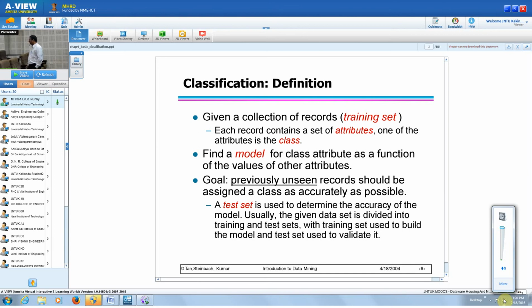If I simply say roll number, it's a label, so it's called nominal. Street name is a label. Because street 1 is not greater than street 2, or street 4 is not less than something.